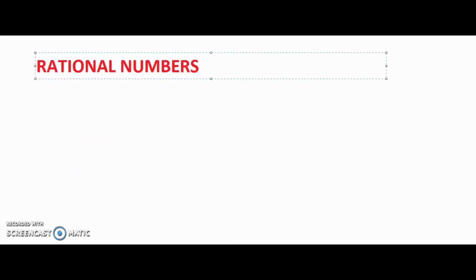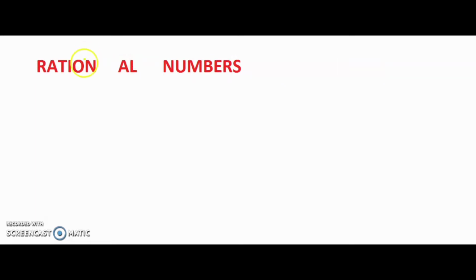Okay. Rational numbers is the combination of three different words: ration, all, numbers. What is a ration? A ration is nothing but ratio.